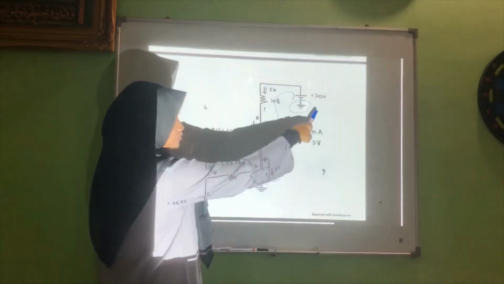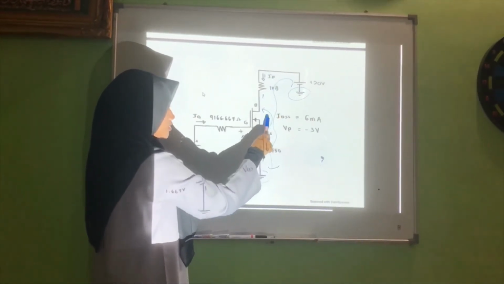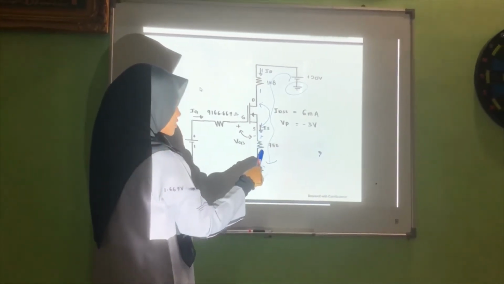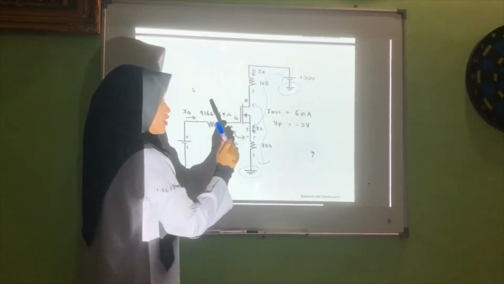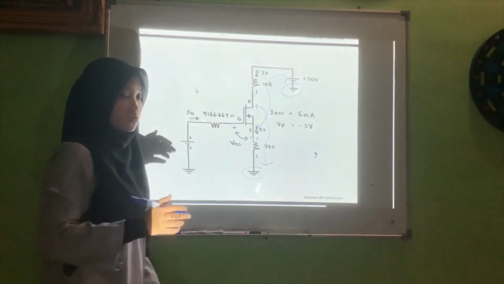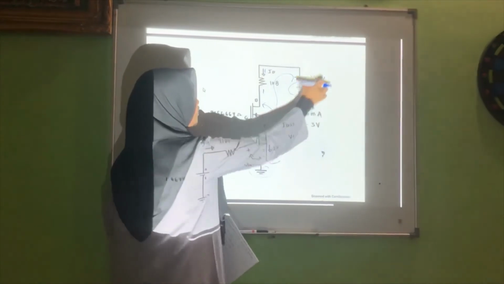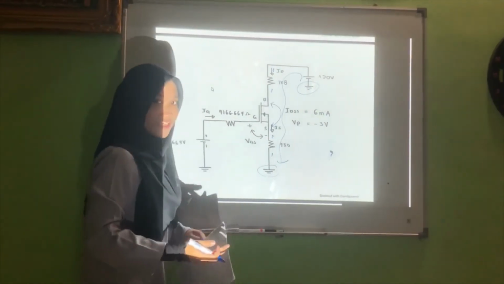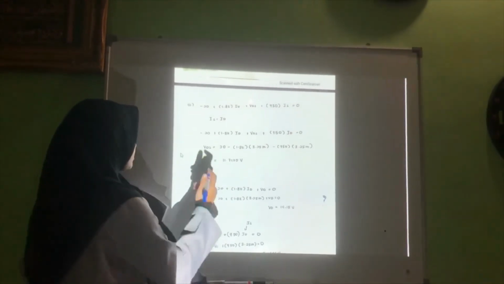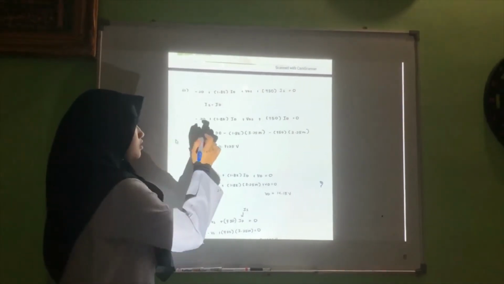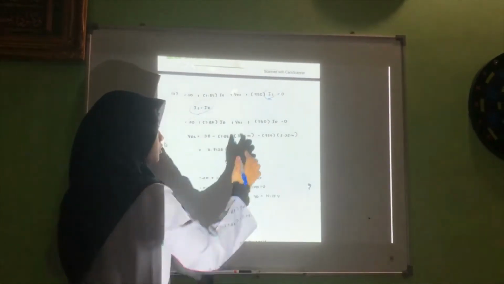Negative 20 volt plus ID multiplied by 1.8K, and then plus VDS, plus 750 multiplied with IS, equal to 0. This is the equation for KVL for VDSQ. We know that IS is equal to ID, so we can change IS to ID.